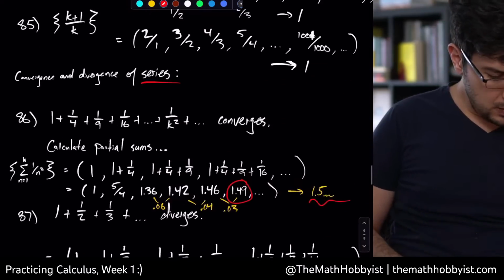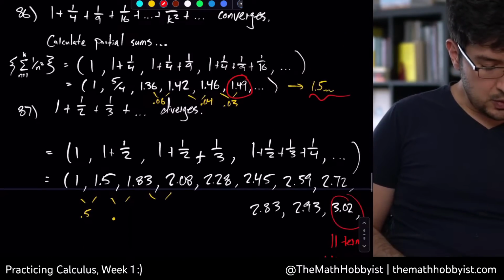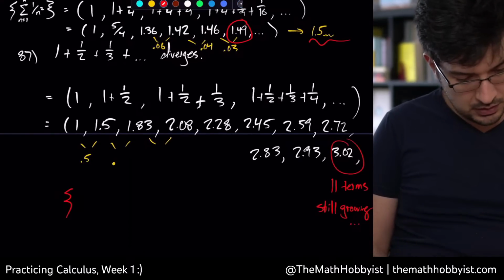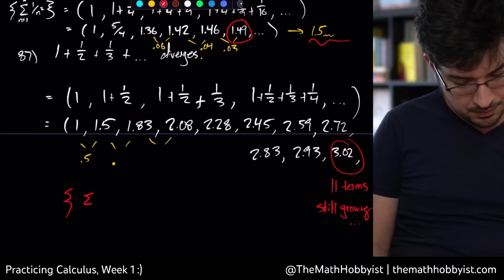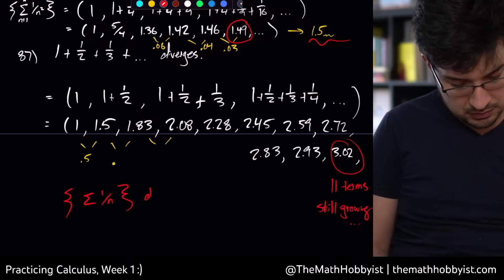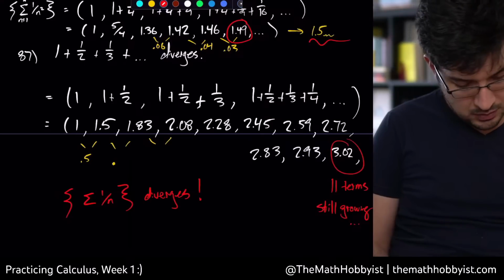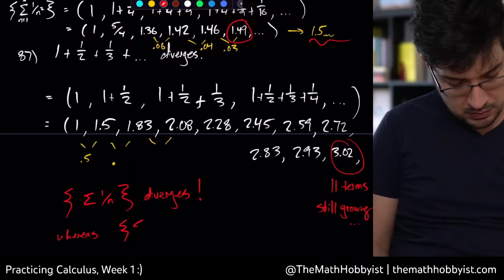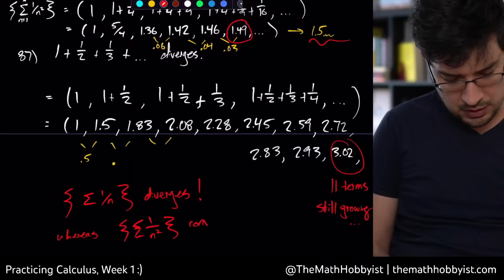So that's a really cool case, because now we're talking about this series diverges, whereas this series 1 over n squared converges.